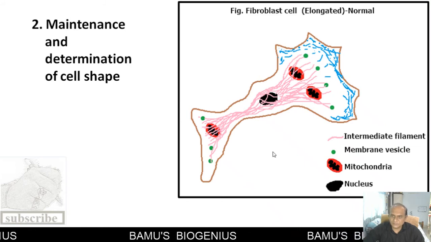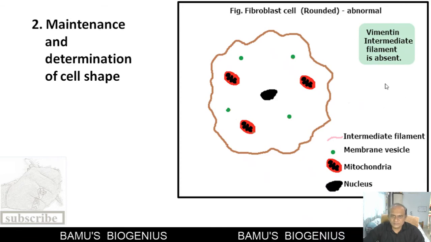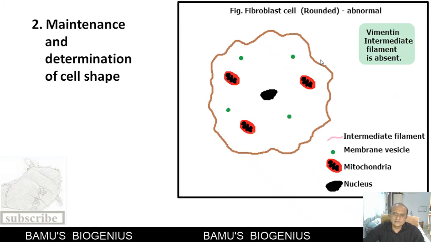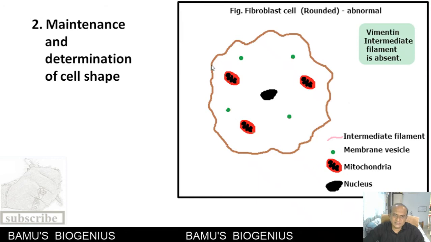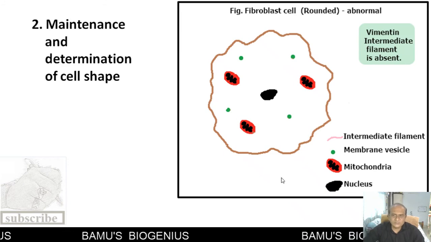Now if this particular intermediate filament protein is absent, the same fibroblast cell acquires an abnormal shape or a rounded shape. So that means for a particular kind of cell to maintain its shape, intermediate filaments are very necessary.